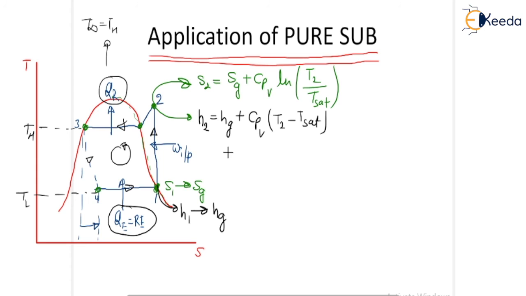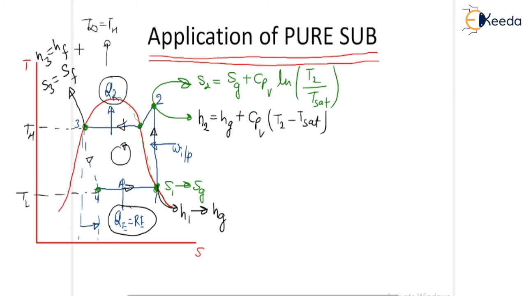These are the mathematical representations by the help of thermodynamics. Here you can also show point 3 as S3 equal to Sf, that means in liquid form, or in terms of enthalpy, H3 is represented as Hf.